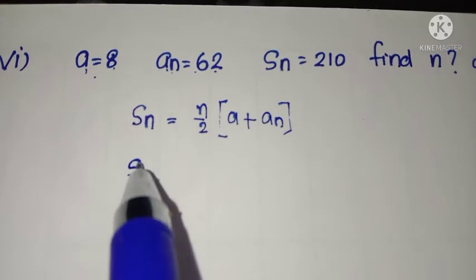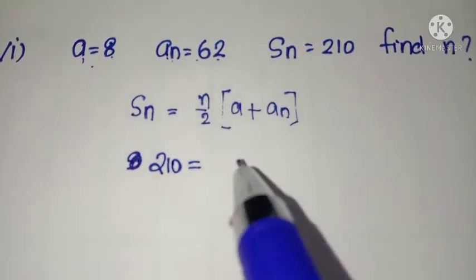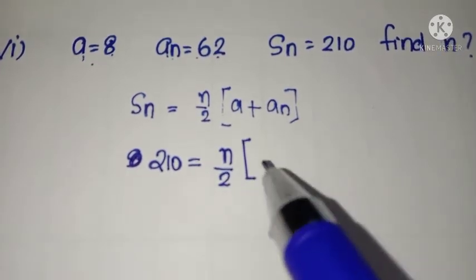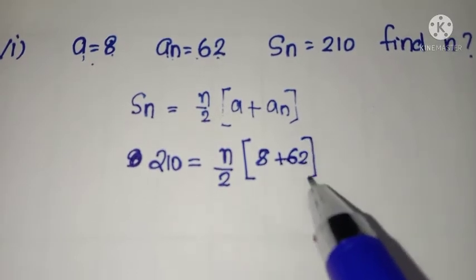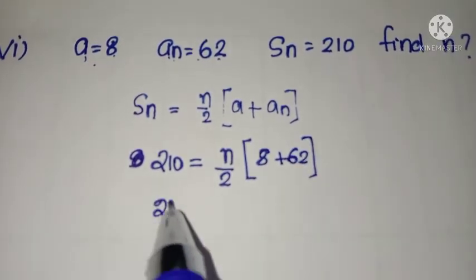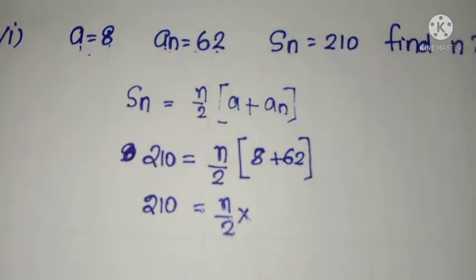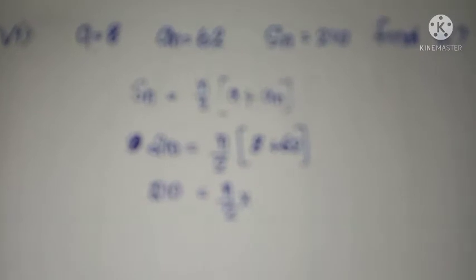Sn is 210, n we don't know, a is 8, an is 62. So 210 equal to n by 2 into 8 plus 62, and 8 plus 62 is 70.